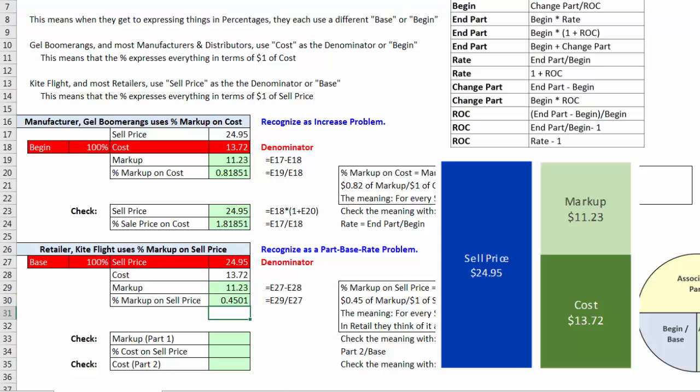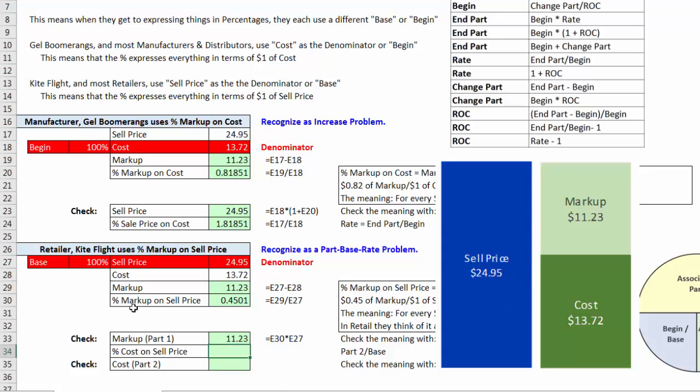When I hit enter, that tells me how many pennies of markup for every $1 of sell price. Now, if we know the sell price and the percentage markup on sell price, we can calculate one of the two parts. We'll calculate markup equals, well, there's our percentage or our decimal or our percentage markup on sell price times sell price, and that will give me the amount of the markup.